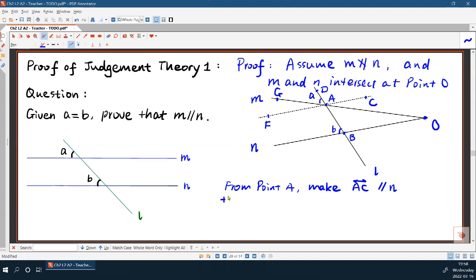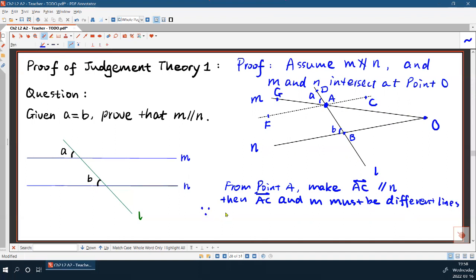Okay, then we know that line AC and line M must be different lines, right? Because if we pass point A, there can only exist one line that is parallel to the existing line N. So line AC and line M must be different lines, right?